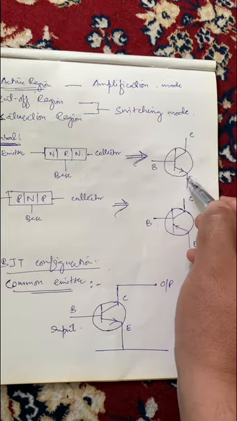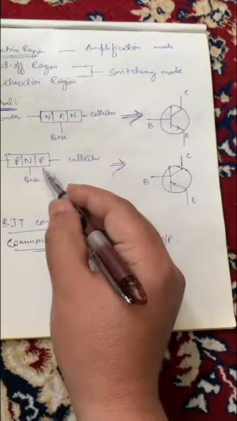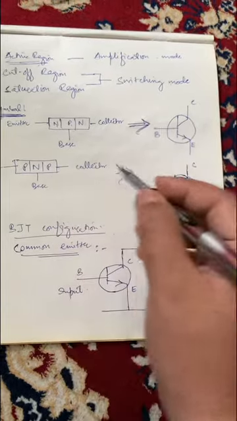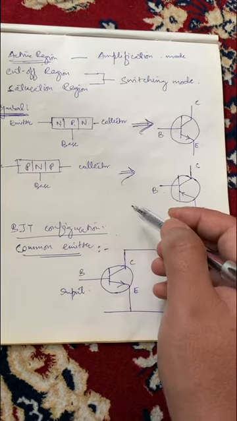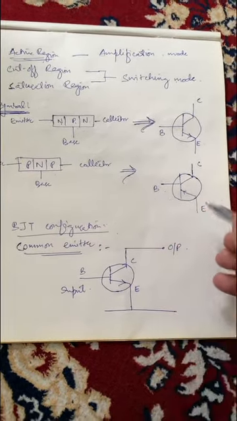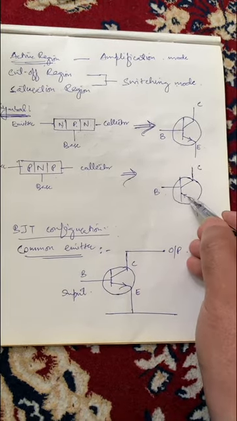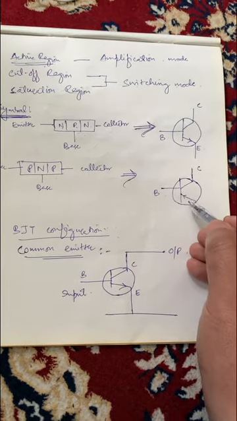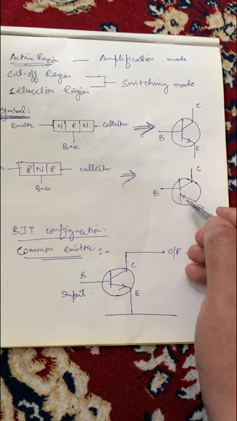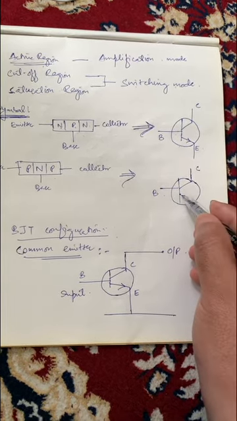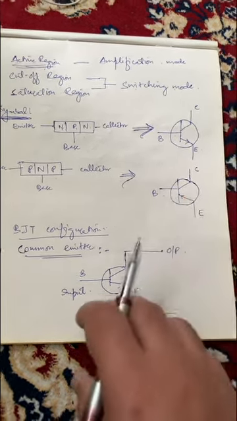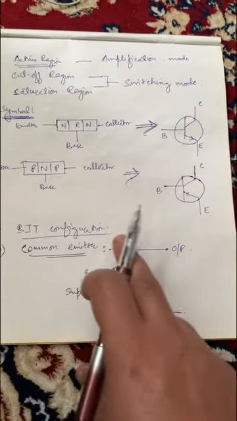On the other hand, the symbol of PNP transistor is similar to the NPN transistor, but here the direction of the arrow gets reversed. So now the current will flow from emitter towards the base in case of a PNP transistor.